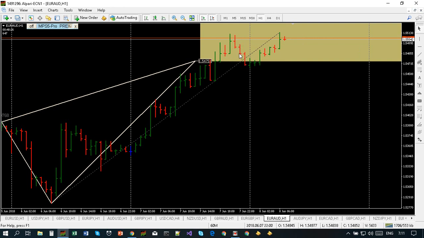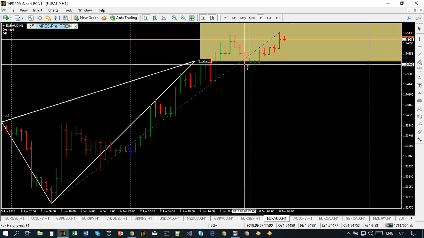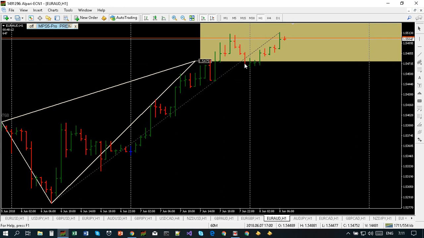And look what happened. We came back to our broken resistance, and now it looks like the resistance turned into support, because after that powerful trending bar, we have those indecision candles here and here, and after that we broke to the upside.